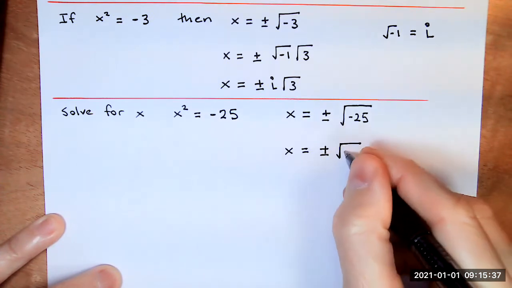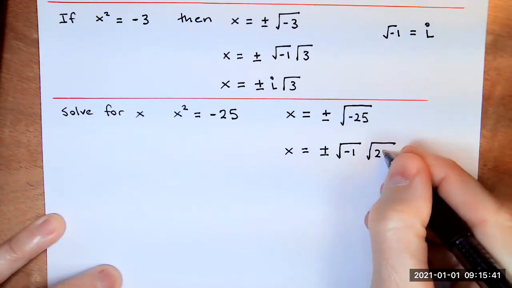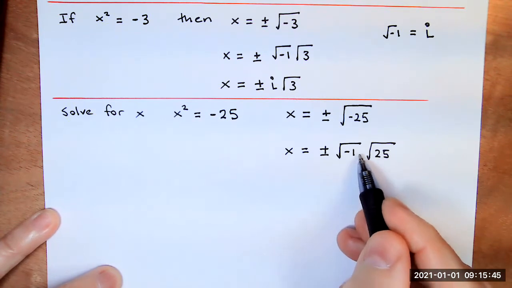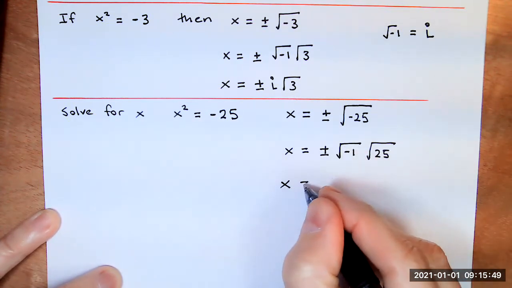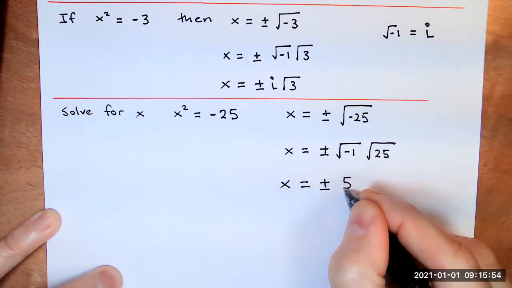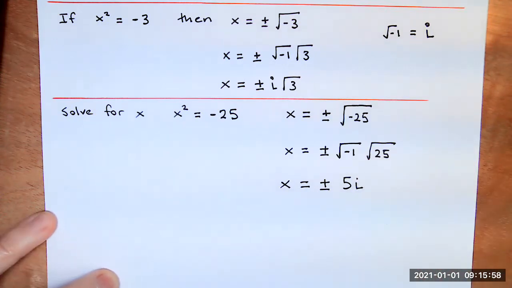So you get the square root of negative 1 times the principal square root of 25, which is 5. And then we just learned that this is i. So our two solutions are positive 5i and negative 5i.